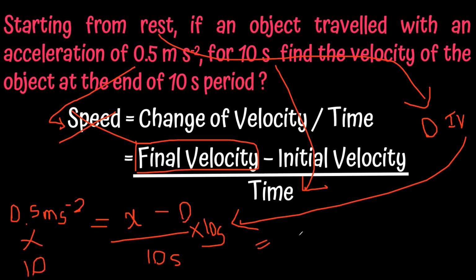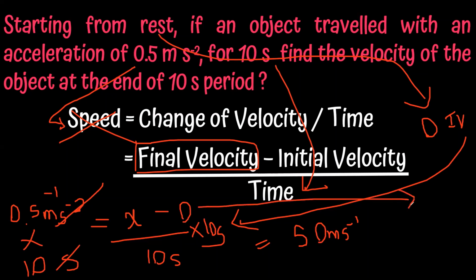We can get the answer as 50 ms minus 1, because second to second cancel out and 1 second remains. In this, we can get the answer as x because if we subtract x by 0, there's no value, no? 0 is valueless.